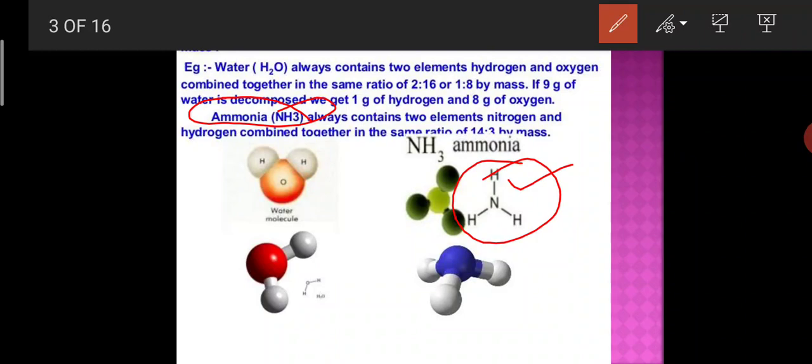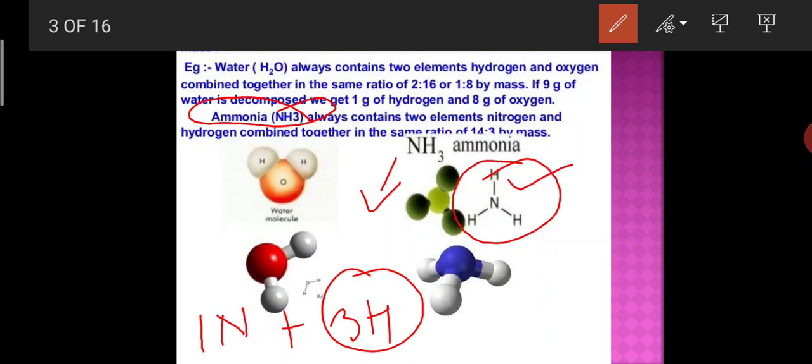Ammonia contains one atom of nitrogen and three atoms of hydrogen. Now you can open page number 35. What is the atomic mass of nitrogen? Nitrogen is 14. What is the atomic mass of hydrogen? 1. But here there are 3 hydrogen atoms, so 3. So the ratio in ammonia is always 14:3.